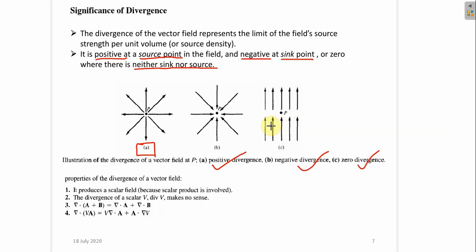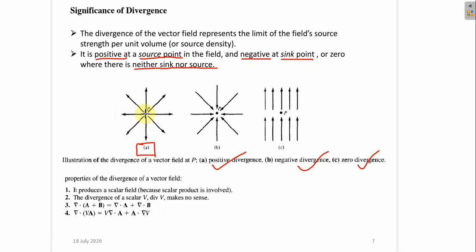Physically, the divergence of a vector field A at a given point is a measure of how much the field diverges from that point. If you have this point P, the divergence is the measure of how much the field is diverging from this point.